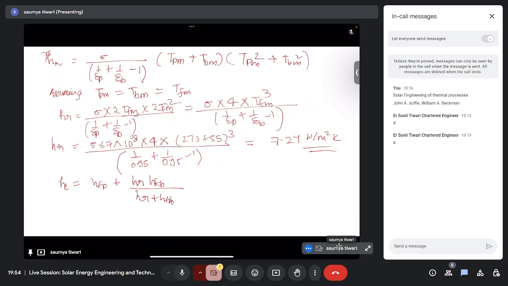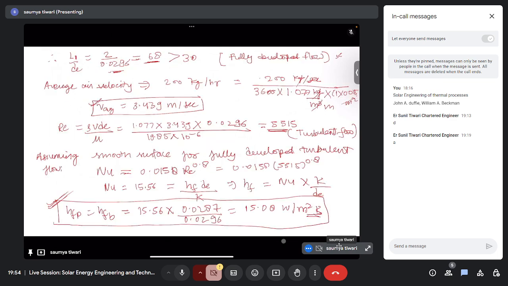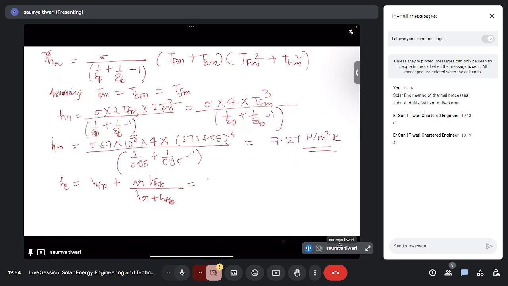So HFP, the plate heat transfer coefficient, is 15.08, plus HR is 7.24, times the back plate value, which is also the same, upon 7.24 plus 15.08. So the equivalent heat transfer coefficient between your absorber plate and your back plate is now calculated. This will be 9.97 watt per meter square Kelvin.